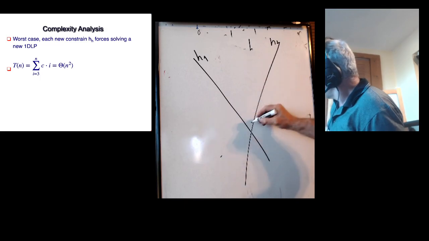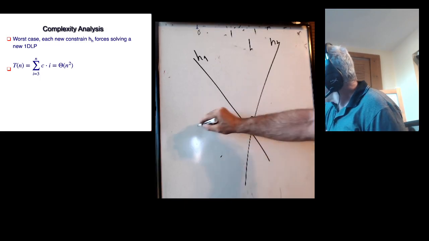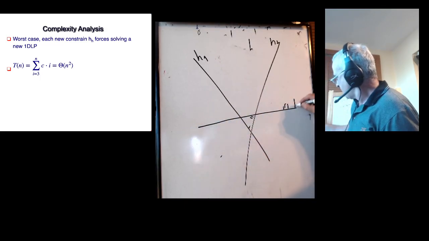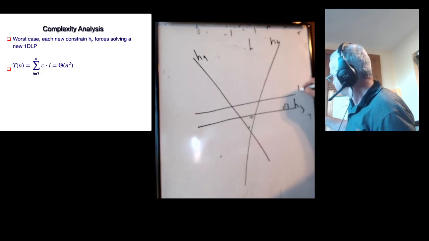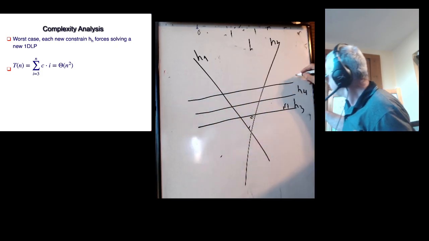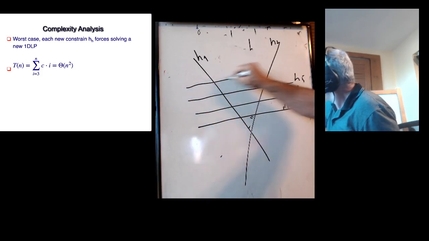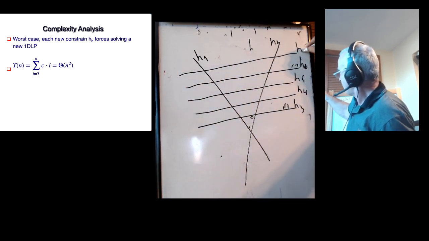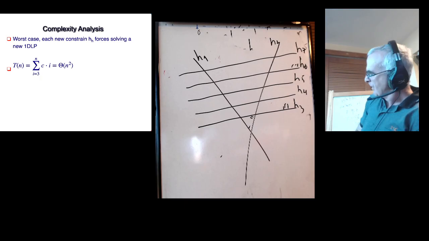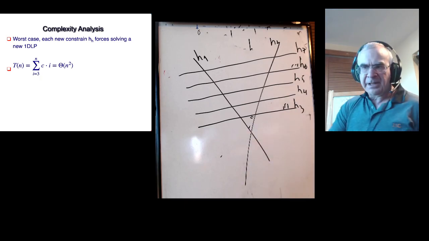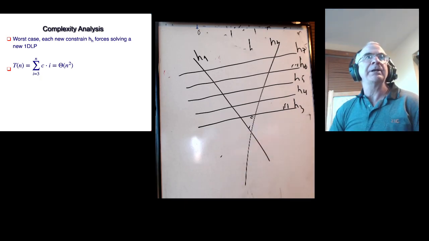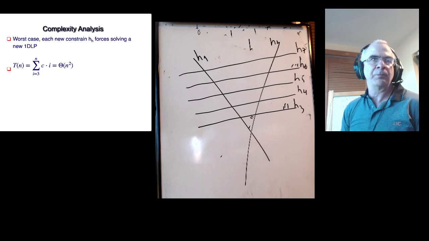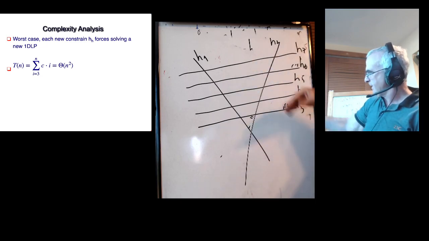Here is H3, H4, H5, H6, H7. What happens to my linear programming when I'm trying to find the lowermost point in this input?